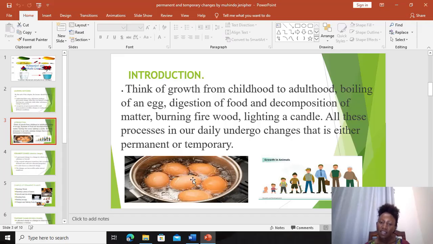As you can see here, the picture for boiling eggs, then here, a picture showing growth to adulthood.